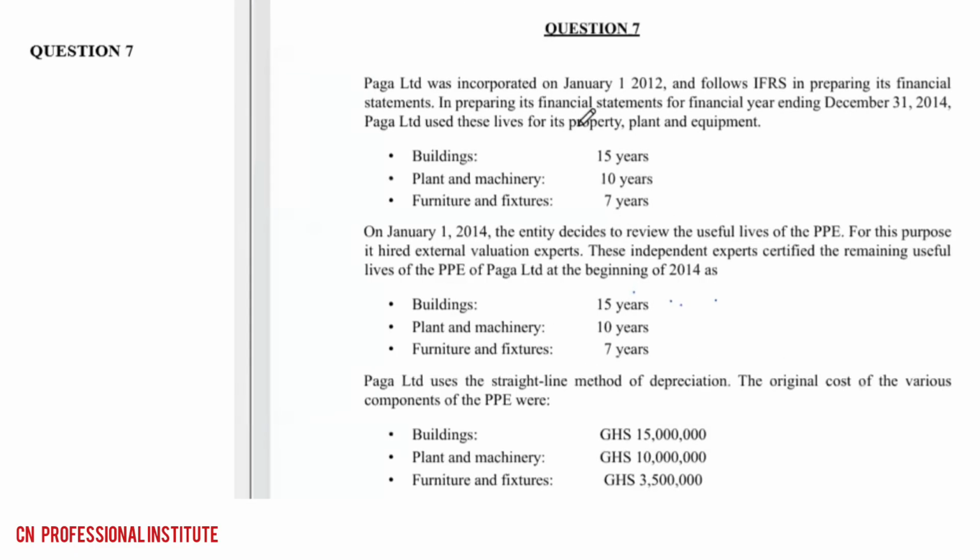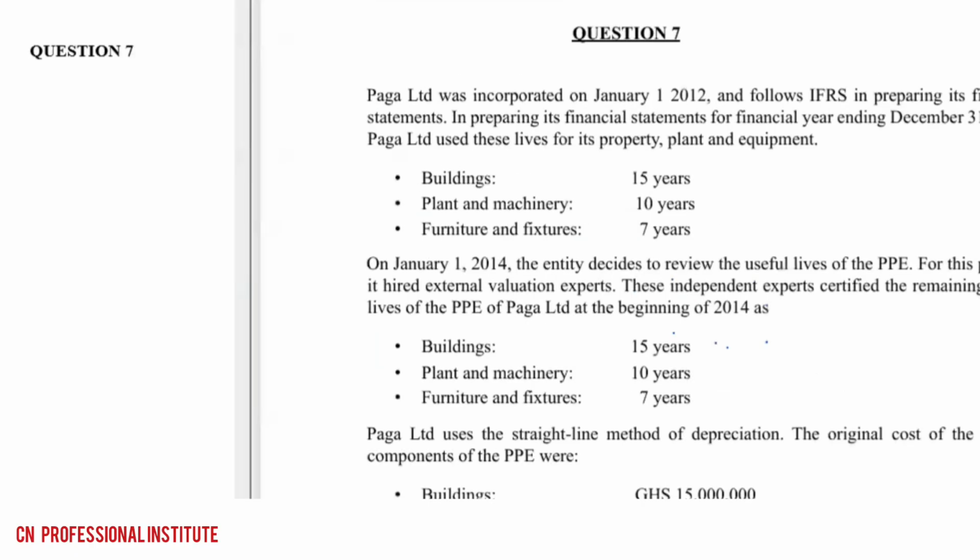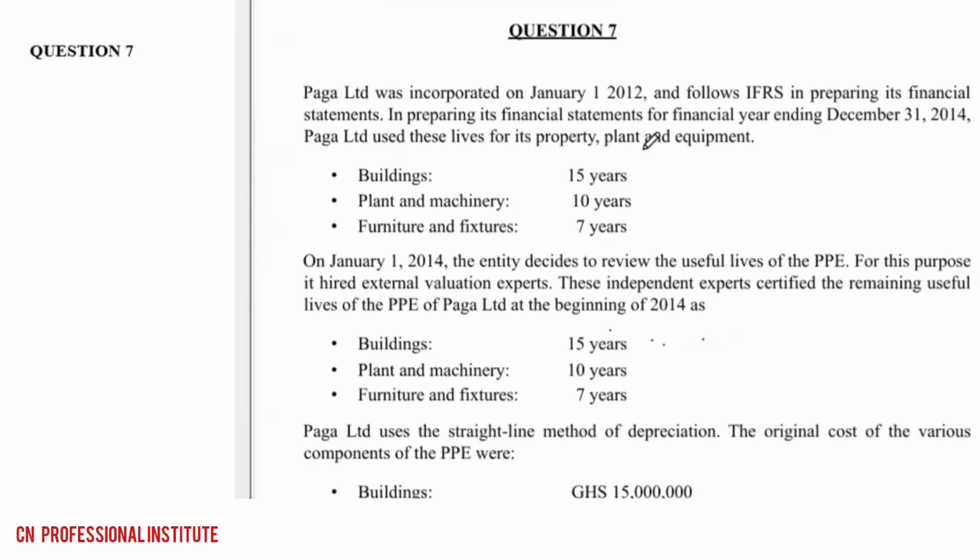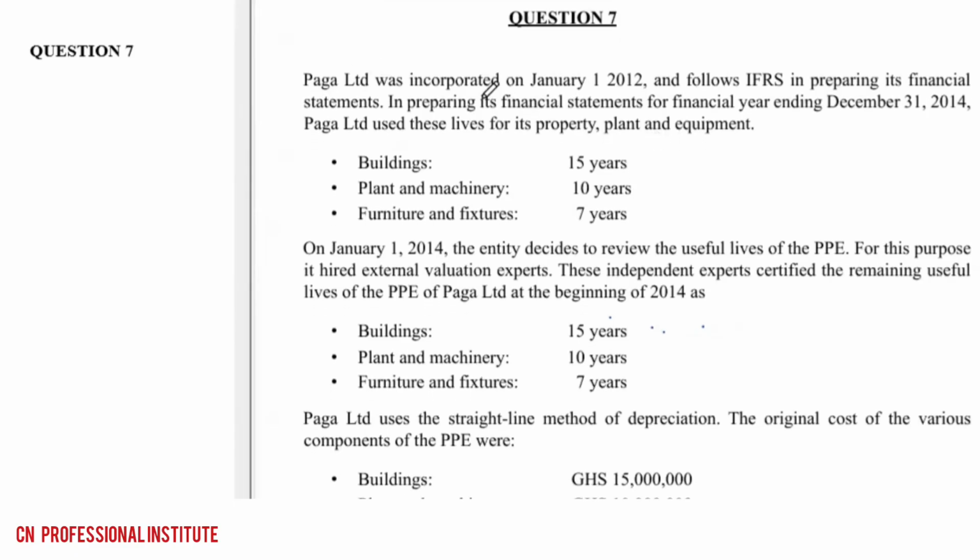So question 7. Question 7 says, Paga Limited was incorporated on 1st January 2012 and follows IFRS in preparing its financial statement. In preparing financial statement for financial year ending December 31st, 2014, Paga Limited used these lives for its property, plant and equipment. So building 15 years, plant and machinery 10 years, furniture and fitting 7 years.